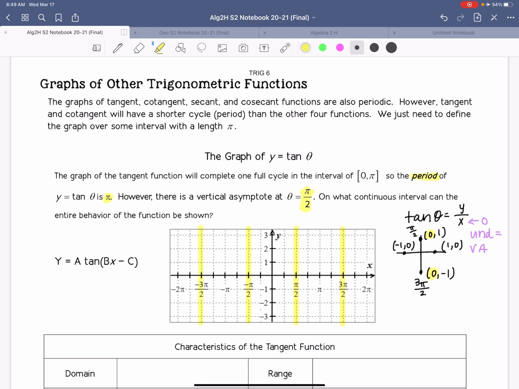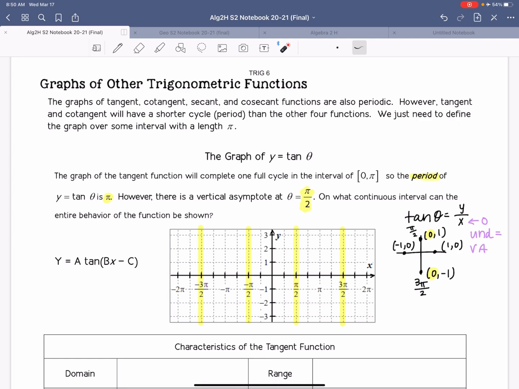What I remember for tangent, and it helps me when I think about these graphs, is that the tangent graph borders or surrounds the y-axis, versus the cotangent graph, which is going to be on the x-axis.